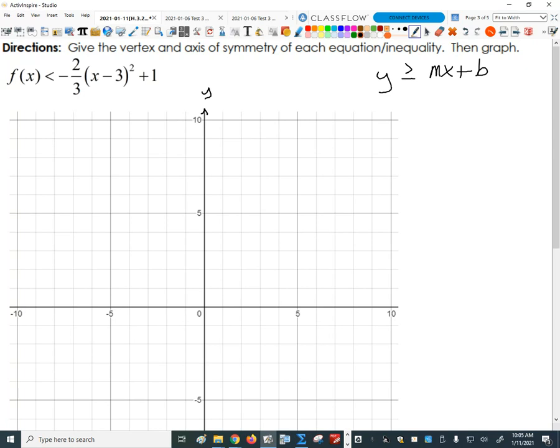But let's focus on first things first. Let's deal with this parabola first of all. Okay, so Mr. Saxton, can you tell me what the coordinates of my vertex are? They're going to be 3, 1. 3, 1, correct. Good. Because remember, h is the value that's being subtracted from x, and k is the constant, right?